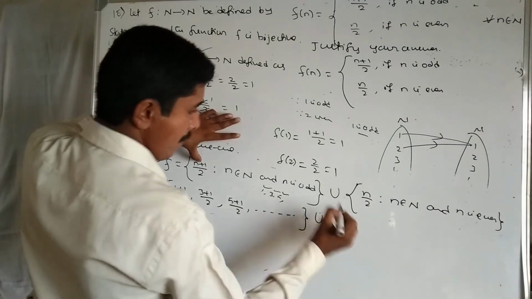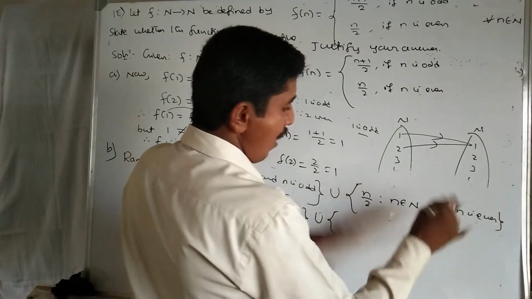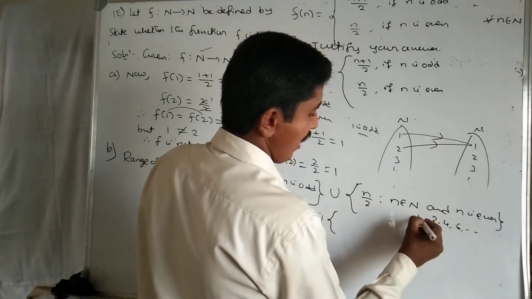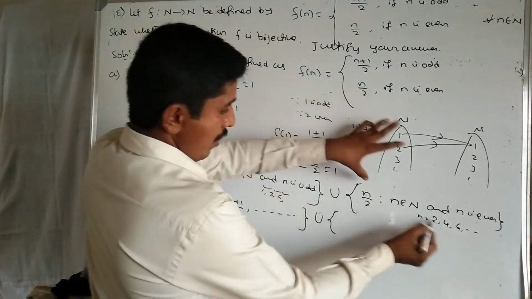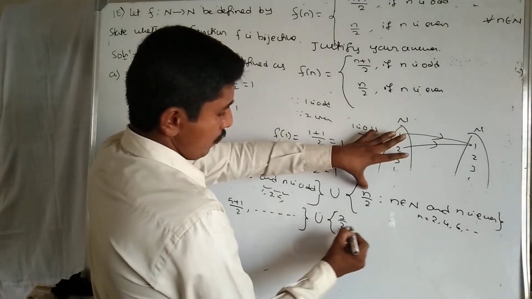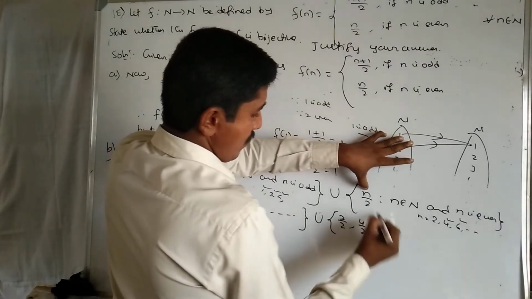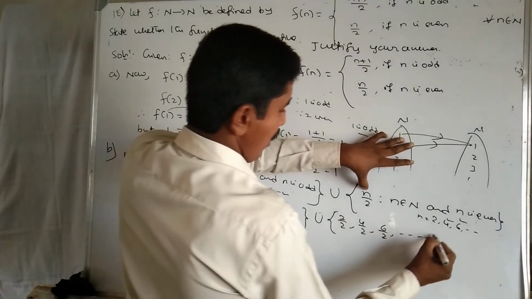Union, n is an even natural number starting from 2, 4, 6, and so on: n equal to 2, 2/2; n equal to 4, 4/2; n equal to 6, 6/2, and so on.